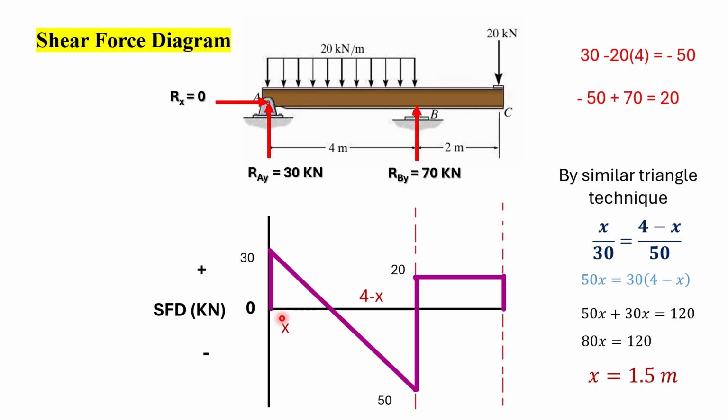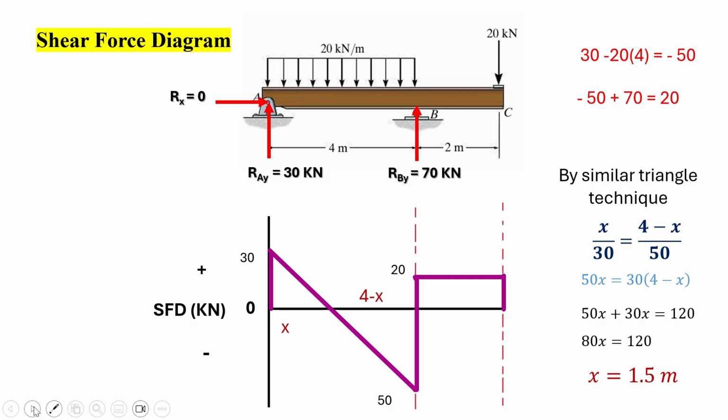Which means this length is 1.5 meter and 4 minus 1.5 yields 2.5. So this length will be 2.5. Remember this. At 1.5 meter we have a maximum moment and zero shear force.